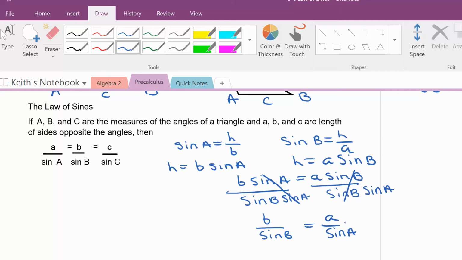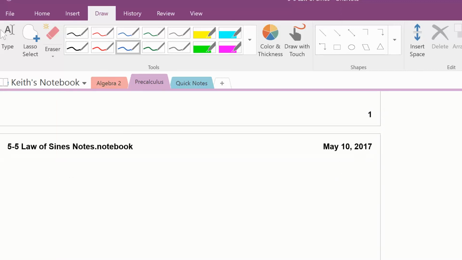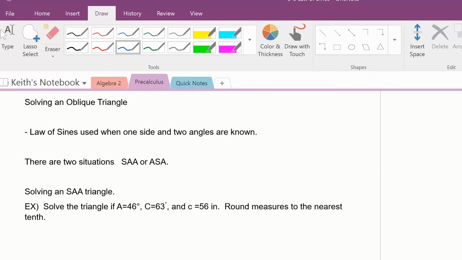So that's how the law of sines comes about and how you are able to solve a non-right triangle using trig ratios of sine. All right, so let's get into the use of the law of sines.